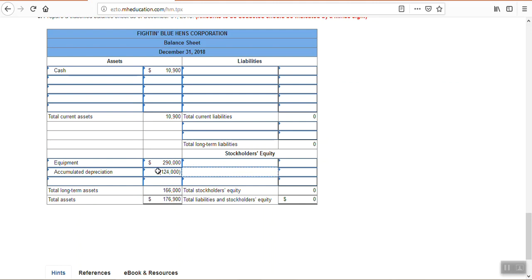That depreciation decreases the value of those long-term assets. So you'll see right here, and they've got it set so it calculates for us, which is really nice. So our total long-term assets would be the value of the equipment less the value that's decreased, or the value that we've used over time, which is our depreciation. So that's how that's going to work.